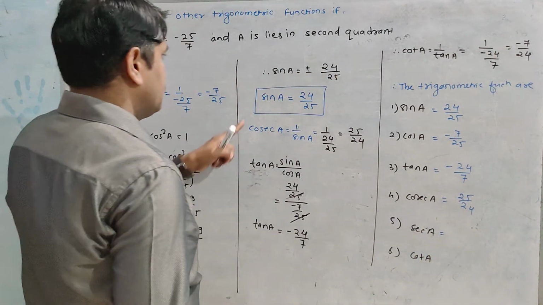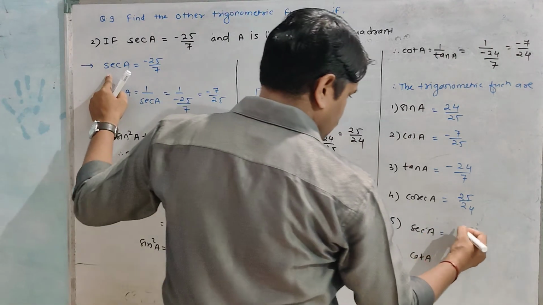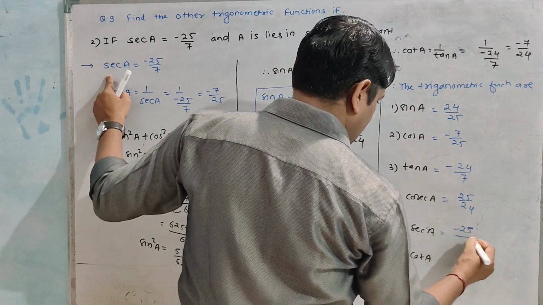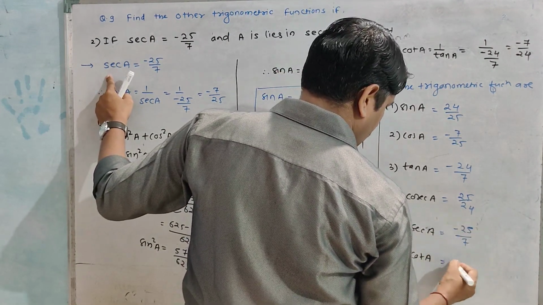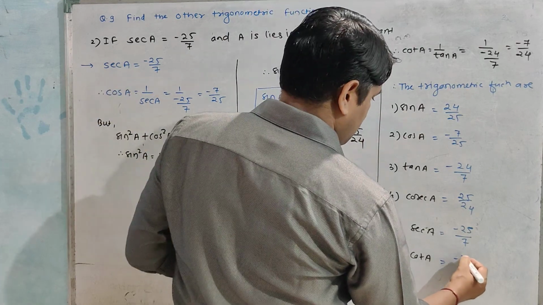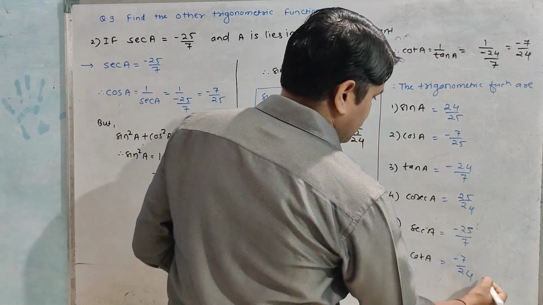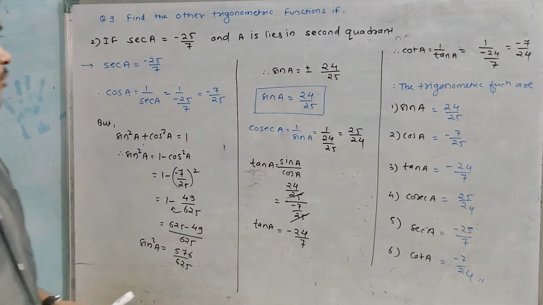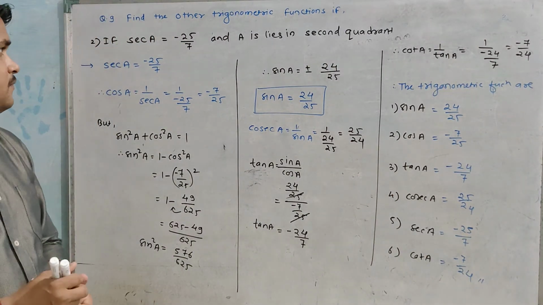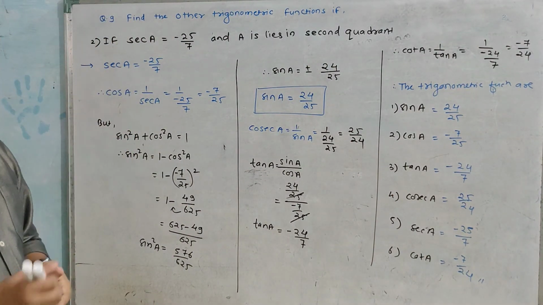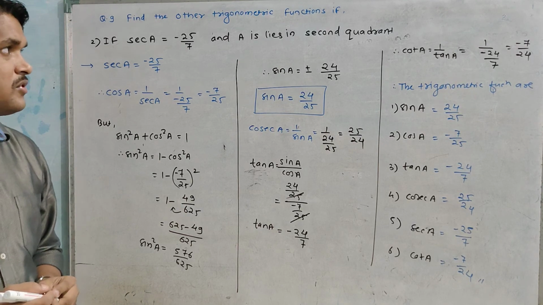Sec A means what? Already cos is minus 7 upon 25, so it is minus 25 upon 7, and cot A is how much? It is minus 7 upon 24. This is the trigonometric function of sin, cos, tan when that A lies in the second quadrant.